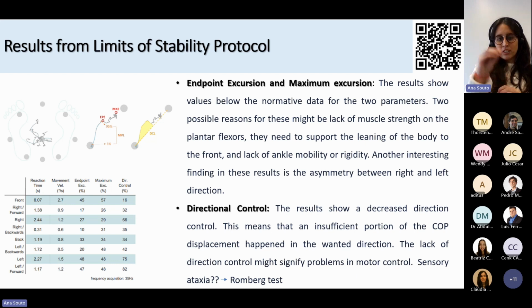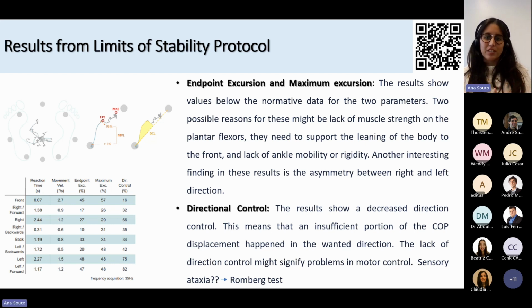Directional control is a parameter that measures the percentage of movement that happens in the wanted direction, so on top of that line. It's a very good parameter to assess motor control, and it can be due to central problems. Also, it can be due to changes in proprioception.